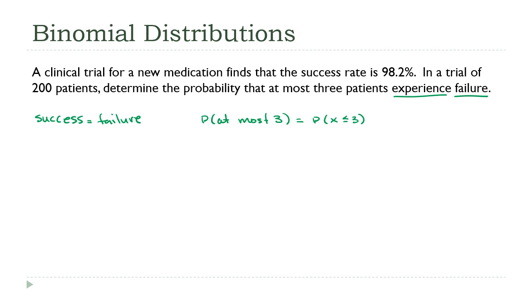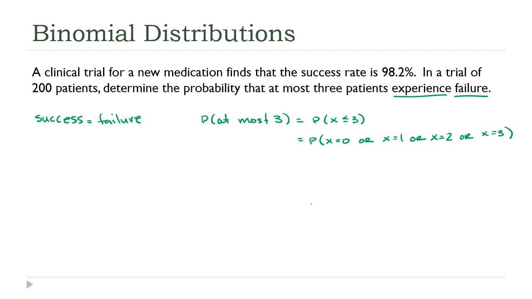So I would have to say this is the same as the probability of x equals 0, or x equals 1, or x equals 2, or x equals 3, and then treat this like an OR probability.